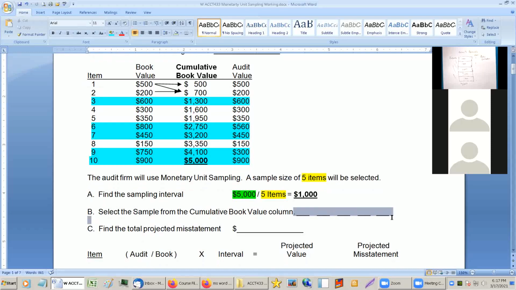Okay, here's the sample: items 3, 6, 7, 9, and 10. So these are going to be the ones that are in our sample.